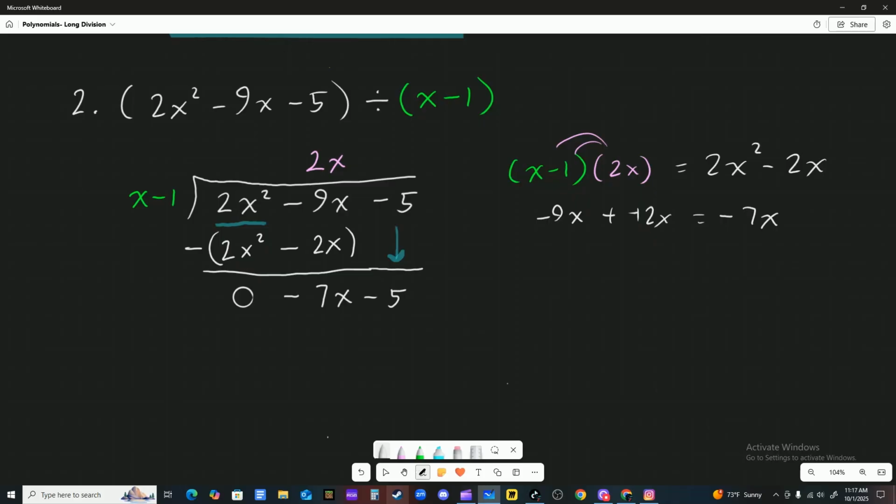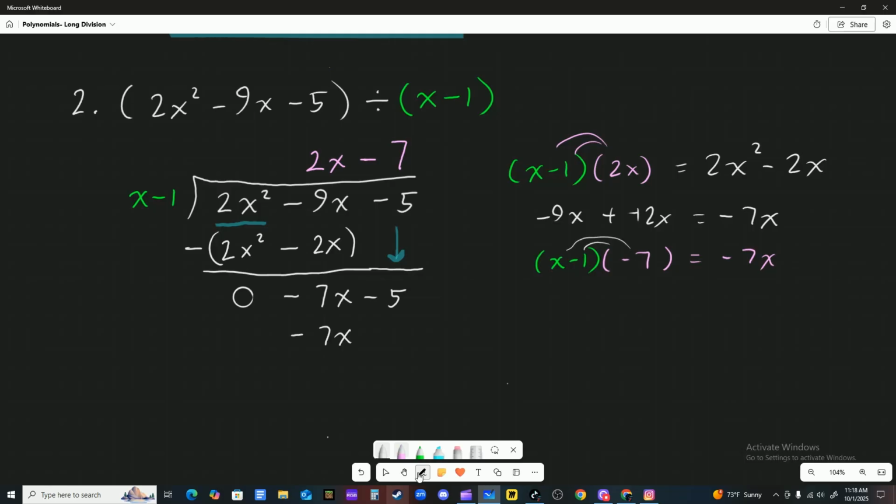So now I want to get rid of the minus 7x, right? Which means because it's a minus, I need to have a minus up here. So minus something. X minus 1 times something should give me negative 7x. So what is that something going to be? Well, negative 7, right? So I'm going to put a negative 7 up here. And down here, I get minus 7x, right?